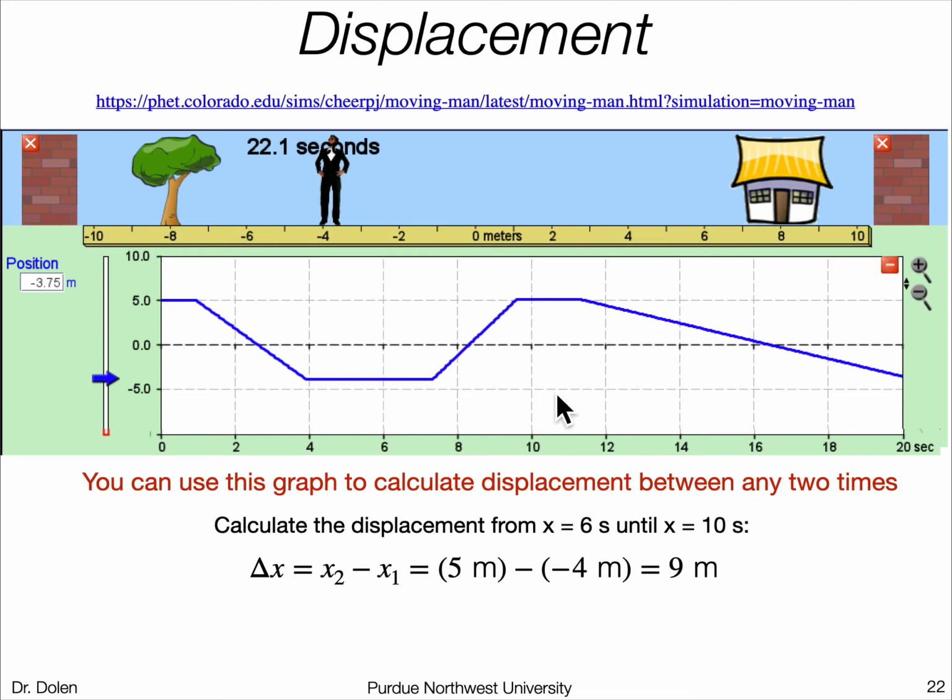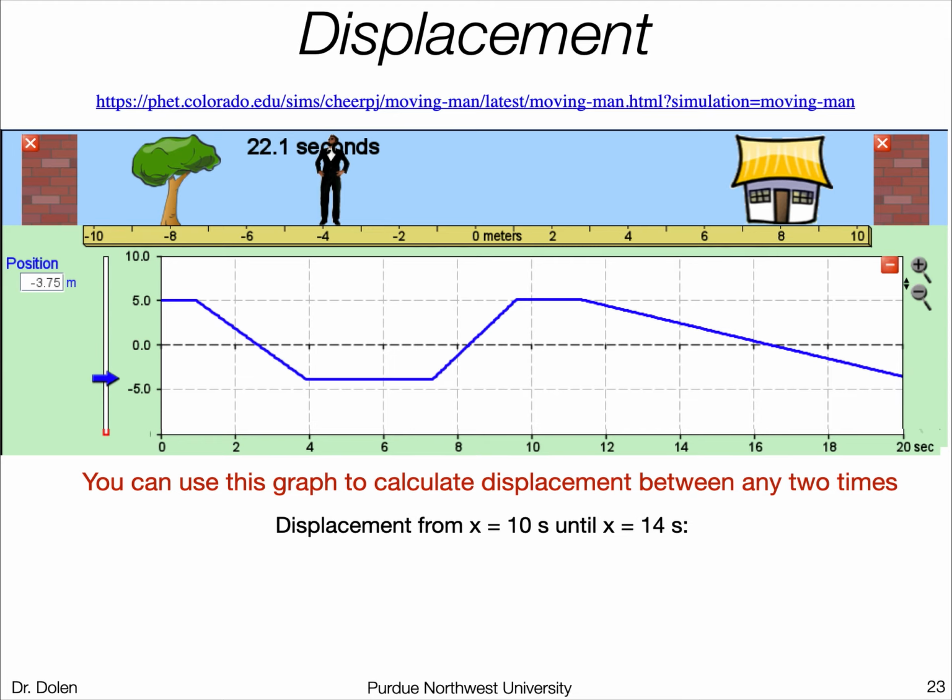At 10 seconds, I can read off that I'm at x equals 5 meters. So my displacement is my final position minus my initial position. My final position is x equals 5 meters. That's where I am at 10 seconds. My initial position was x equals minus 4 meters. So that's 5 minus minus 4, or 9 meters. So as I walked from this position to this position, I walked 9 meters.